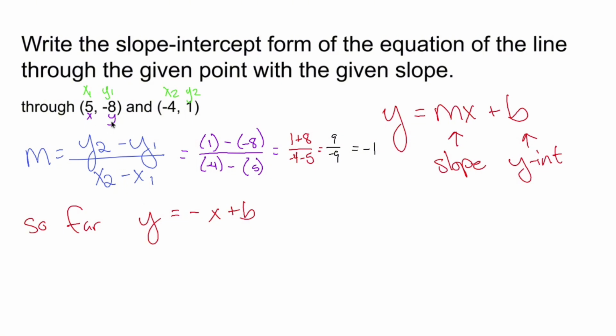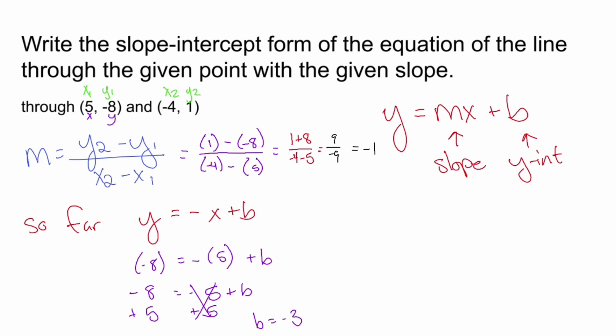So y becomes negative 8 equals negative, x becomes regular 5, and then plus b. Negative 8 is negative 8, negative 5 is negative 5, and then plus b is plus b. Add 5 to both sides to get b all by itself, and b is going to equal negative 3.